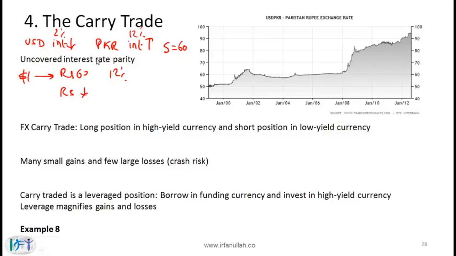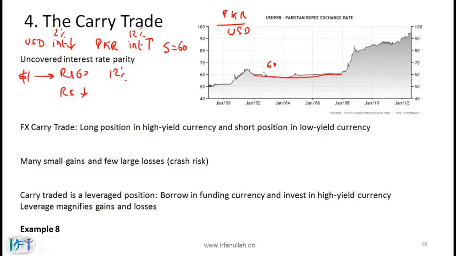Now, enough studies have shown that uncovered interest rate parity does not always hold. And a classic example can be seen here. So this graph shows us the PKR to US dollar exchange rates since January 2000 till now. So notice this period here between 2002 and 2008. The exchange rate is fairly stable at rupees 60 to the dollar.